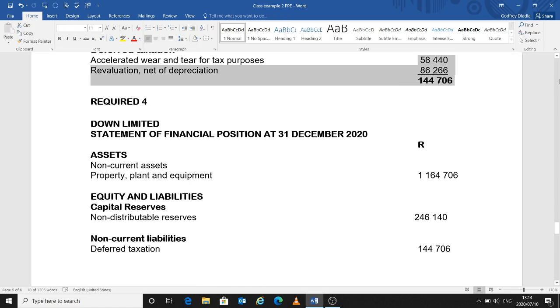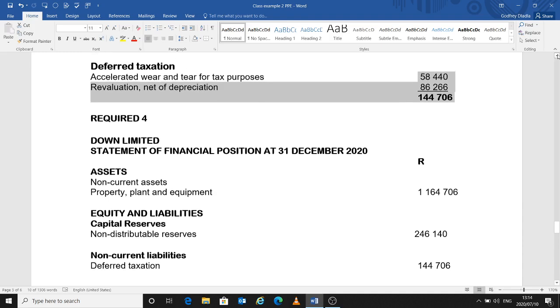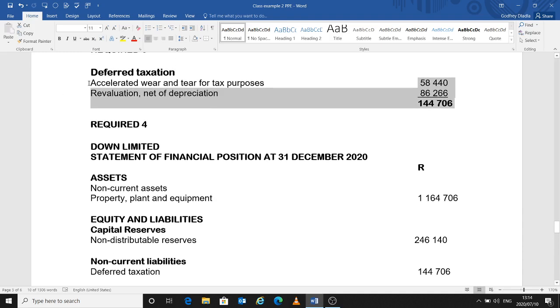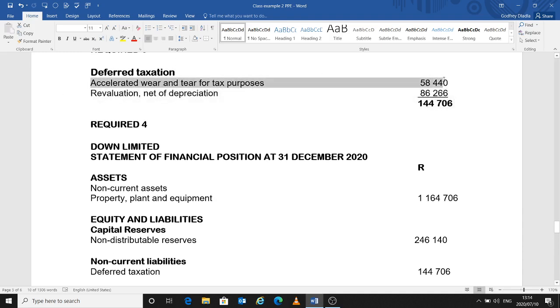This reconciliation just explains that accelerated wear and tear is responsible for 58,000, and the revaluation is responsible for 86,266 of the total deferred tax amount that you see in this exercise. So I hope this has assisted you, and you need to look at both examples, example 1 and example 2, in relation to the PPE. Thank you.